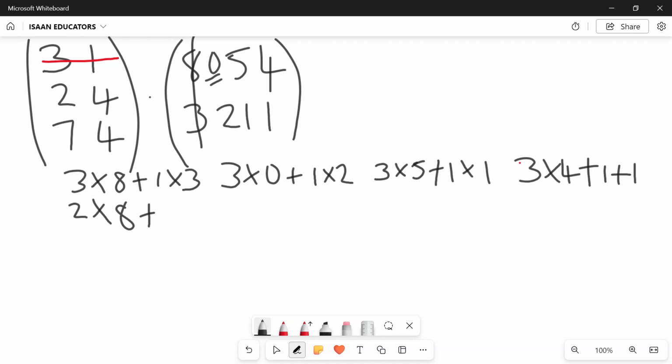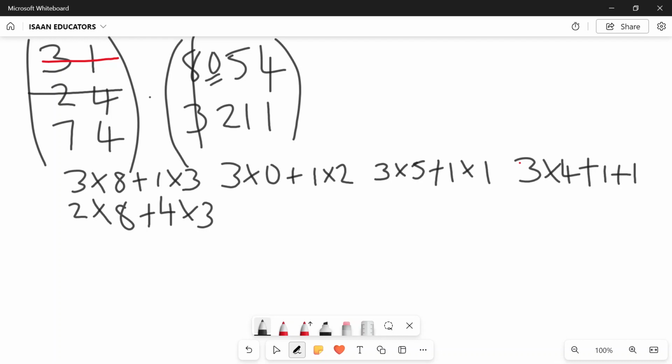Sorry, we are going to take 2, so in the second row, it is 2 multiplied by 8. Then you'll take 4 multiplied by 3. As you can see, these are the second row in the first matrix, and then you're going to multiply with the columns in the second matrix.